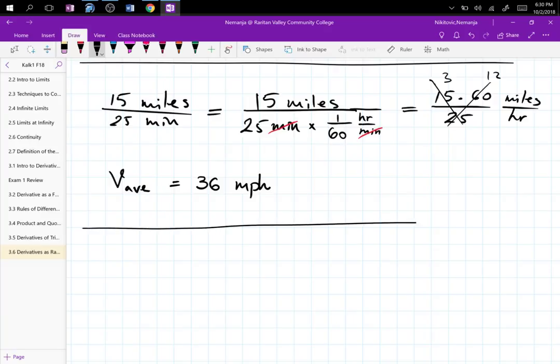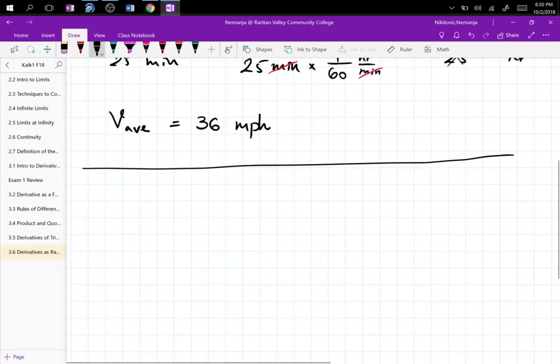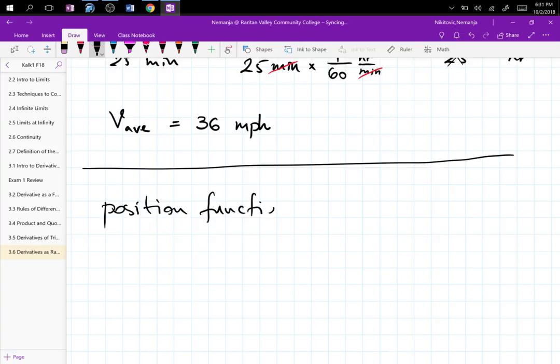So what do we have? We're going to have a position function usually denoted as s of t, because the word position has an s in it, clearly. Right? If you call it p of t, it would be very confusing.